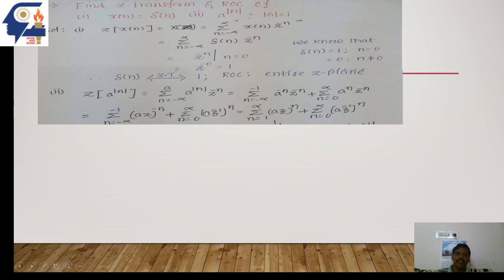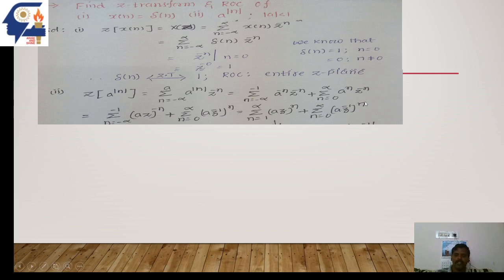N is positive now, A Z inverse whole power n. Now give this minus symbol to here, then n will become positive. N equal to 1 to infinity, A Z whole power n. N equal to 0 to infinity, A Z inverse whole power n. The summation limit is positive, power n positive.